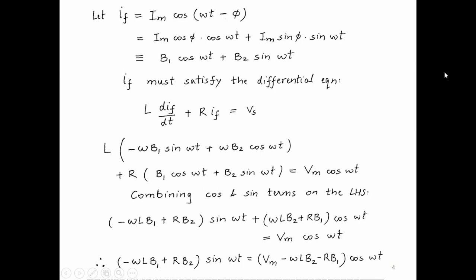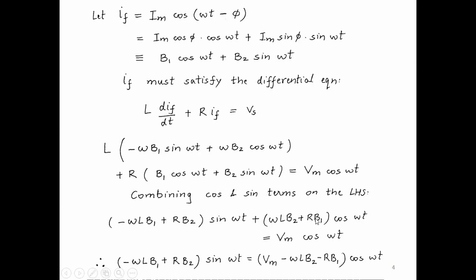Vs is Vm cos omega t. Now we combine the sine terms and the cos terms on the left hand side. So we write this as (minus omega L b1 plus R b2) sin omega t plus (omega L b2 plus R b1) cos omega t equal to Vm cos omega t.